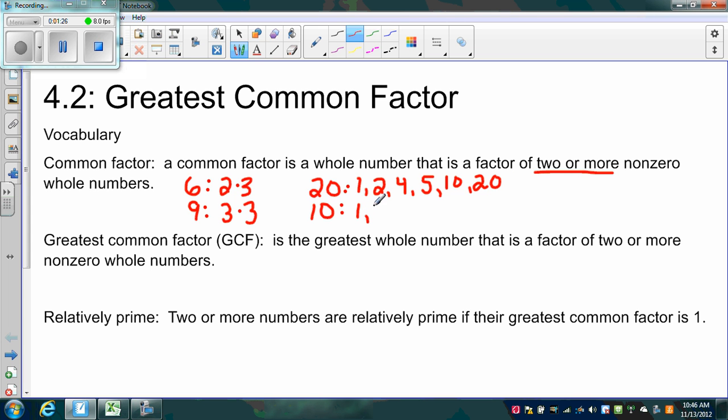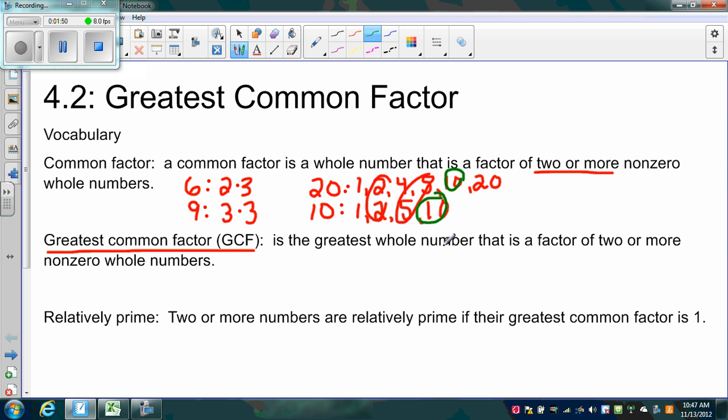And for 10, we have 1, 2, 5, and 10. So the greatest common factor of these two, even though they share 2 and they share 5, is going to be 10 here, because they're both sharing 10. Sorry, that's a bit sloppy.